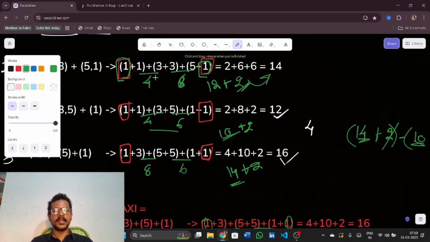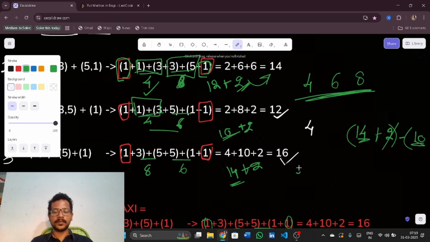If you see clearly, I am getting 4, here the 8 and just 6. I am getting 4 and 6 and also 8. What are these elements? These are the adjacent sums. If you see 3 plus 5, 1 plus 3, I am just getting 1 plus 3. Till now I got 1 plus 3.